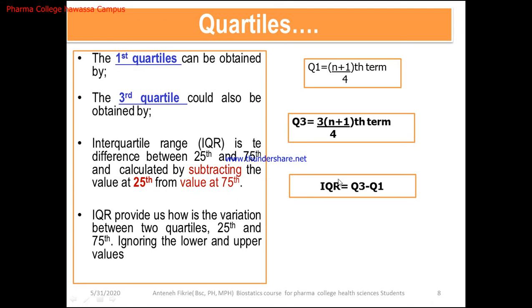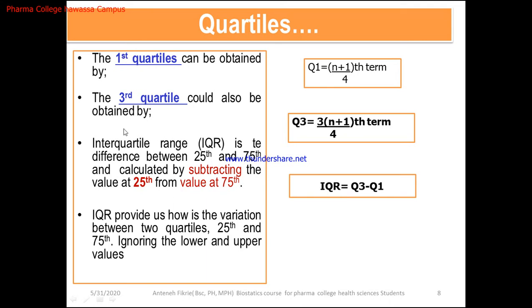While the interquartile range means Q3 minus Q1. It tells about the distribution, the scatter of the data from the midpoint, that is from the median.